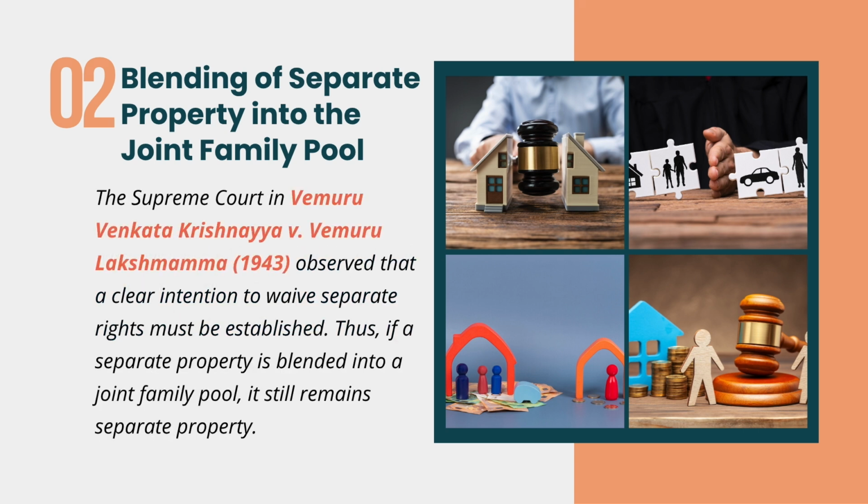The Supreme Court in Vemuru Venkata Krishnaiah versus Vemuru Lakshamma, 1943, observed that a clear intention to waive separate rights must be established. Thus, if a separate property is blended into a joint family pool, it still remains separate property.